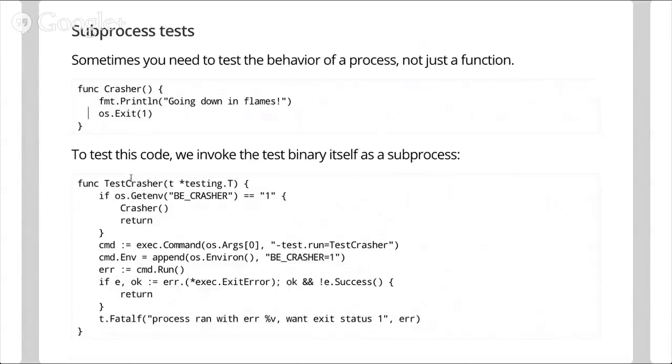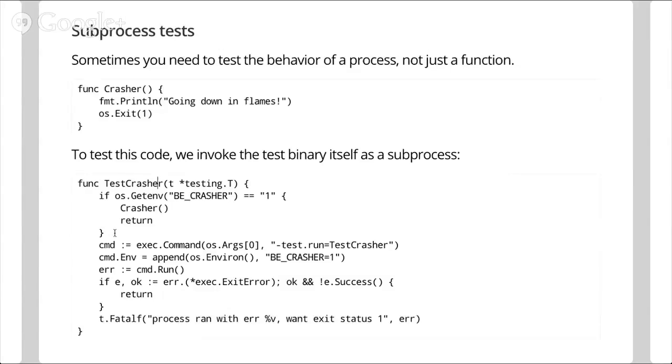So, TestCrasher. The way I'm going to get around this is when I write my test, this TestCrasher function is actually two things simultaneously. One, it is going to be the test itself, and two, it's going to be a subprocess that my test runs.